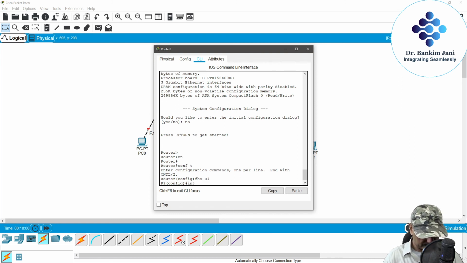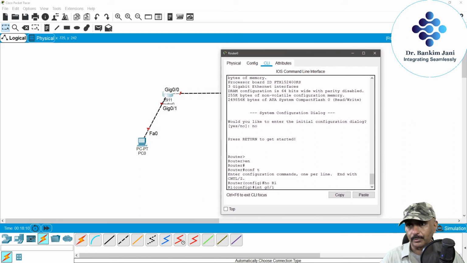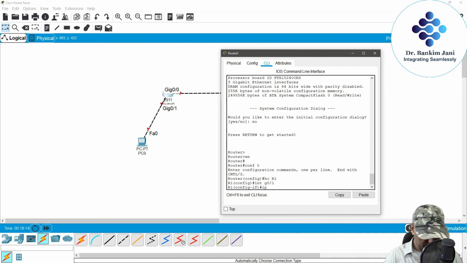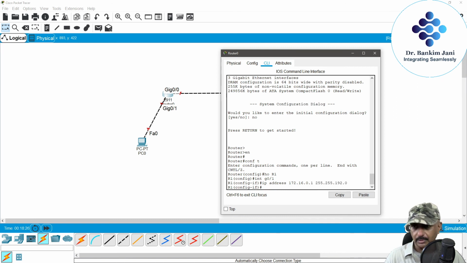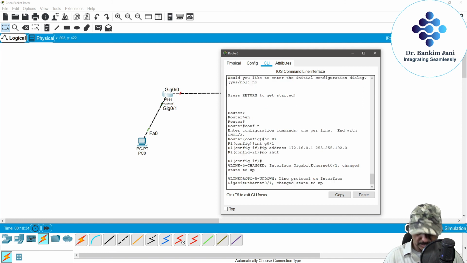And we configure our gig 0/1 port. This was gig 0/1 port, and we give the IP address 172.16.0.1 and 255.255.192.0, because it is subnet 0, and we just give no shut.